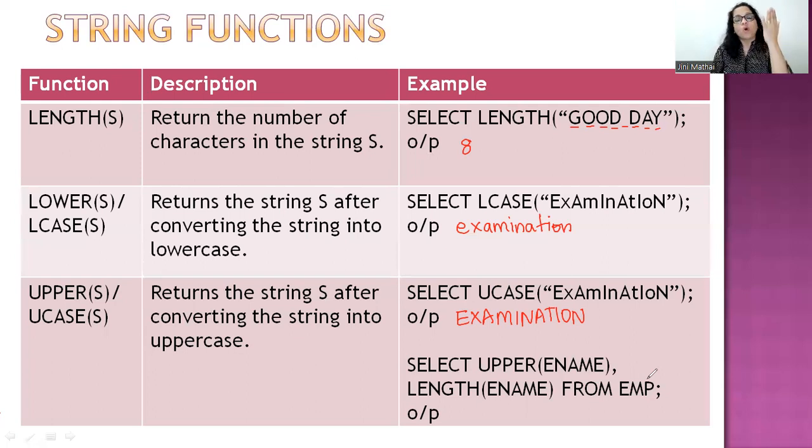One is the names of all the employees of the EMP table in uppercase, and then the length of each of their names. Suppose the first name was Amit. Amit would be in uppercase, and next to it, you will get 4. Suppose the next name is Helen. Helen would be in uppercase and the length would give me 5, and so on.